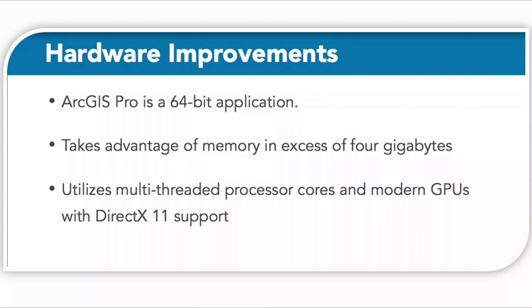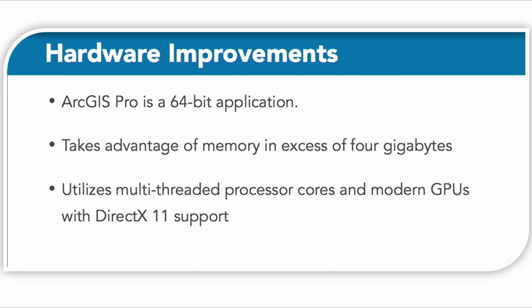On the hardware front, ArcGIS Pro takes a major leap over its counterparts in one key area. It's been developed as a 64-bit native application, which allows ArcGIS Pro to take full advantage of today's modern workstation class computer hardware. Most importantly, this means that computer memory in excess of 4 gigabytes can now be utilized when performing complex geoprocessing tasks, something that ArcMap simply isn't capable of doing.